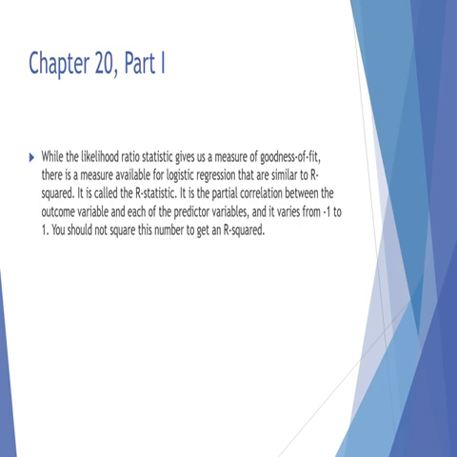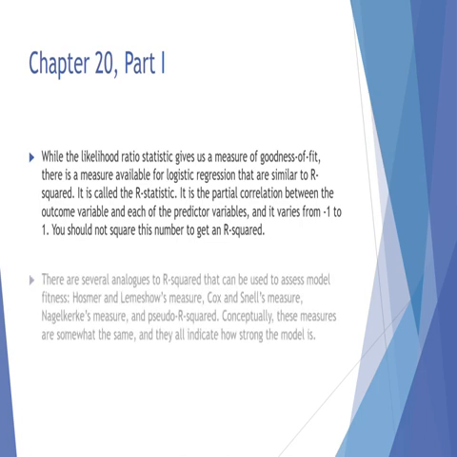So that's just an alternative. There's not just one way of doing it. But this is one way that you can come up with an alternative to give you something like an R squared statistic that will tell you how well your predictors do in predicting the outcome on the dependent variable.